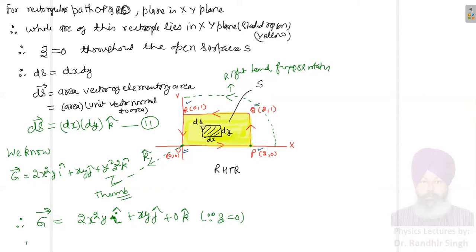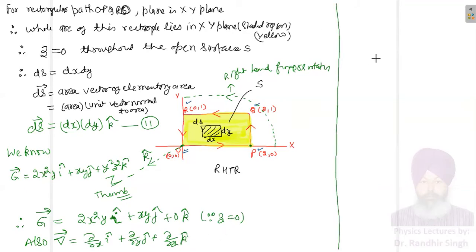Also we know that del vector is equal to partial derivative with respect to x i cap plus partial derivative with respect to y j cap plus partial derivative with respect to z k cap. Therefore I can evaluate del cross G as follows.